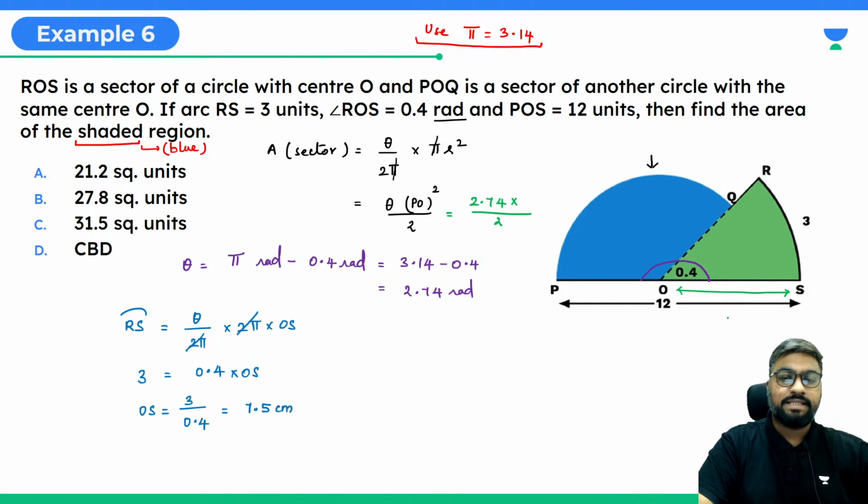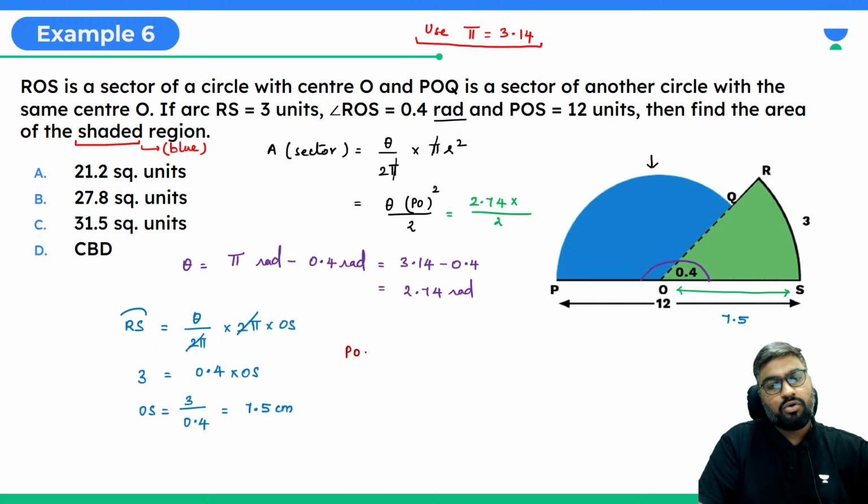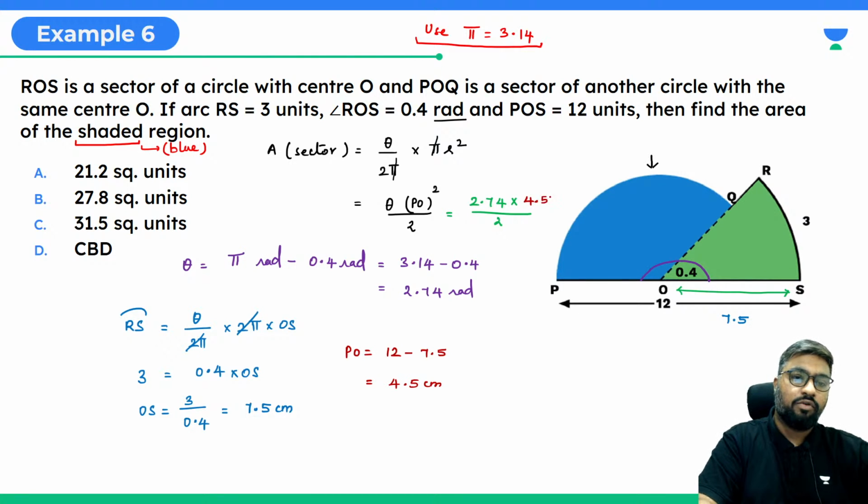So if OS is 7.5 centimeter, then PO is 12 minus 7.5, which is 4.5 centimeter.